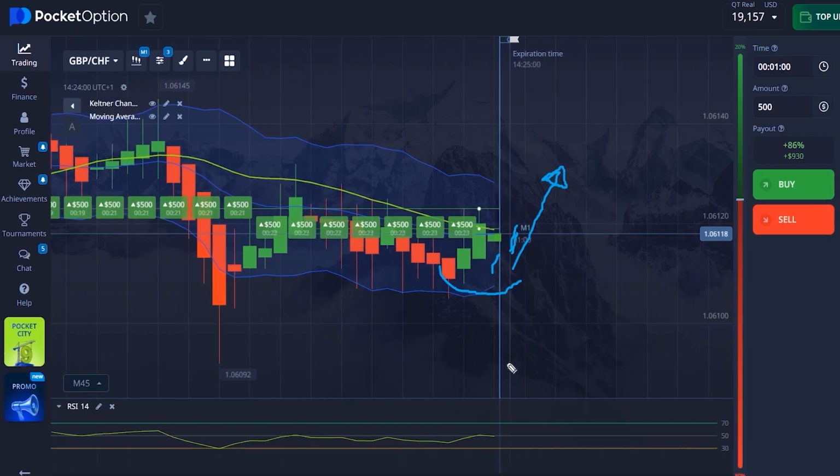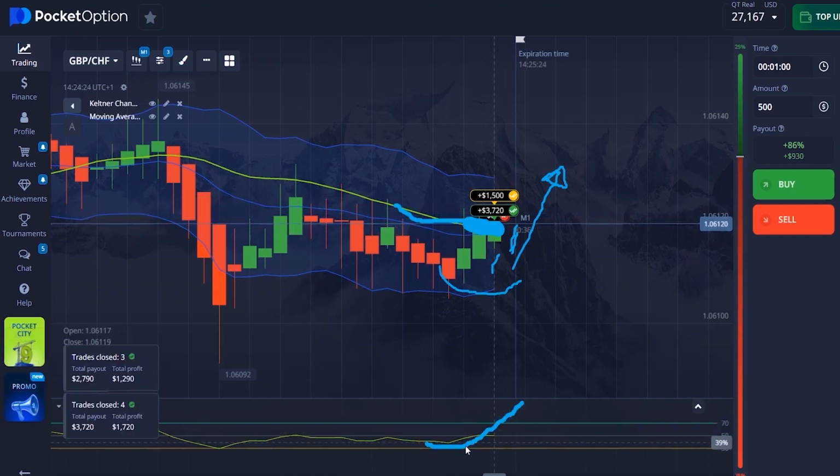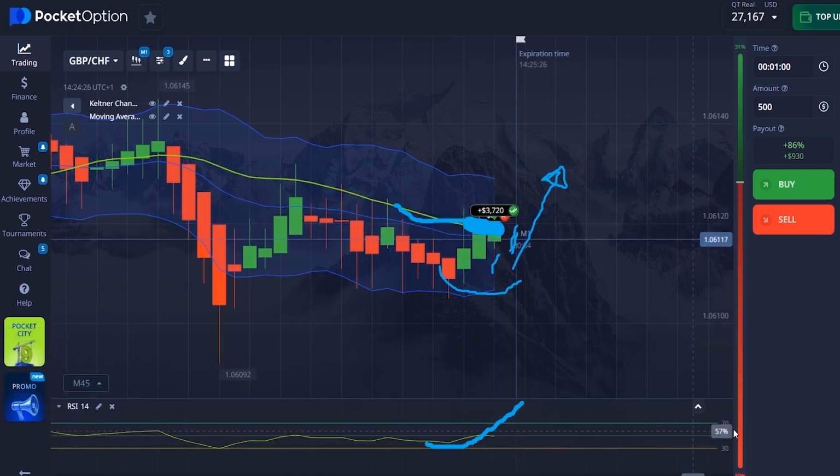Not only that, the candlestick has to be above the moving average line, which I have right at this point. It has to be above the moving average line to give me another confirmation. Not only that, the RSI indicator has to be moving from the oversold condition, so going towards an upside direction. Not only that, it has to be above the middle line right here. It's either touching it or above the middle line right at this point.